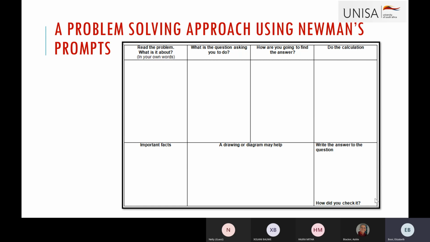After you have done your calculation, you need to always go back and check if you did all the steps correctly. That is to quality assure your work, or to look at whether there are any mistakes you have made when answering the question.